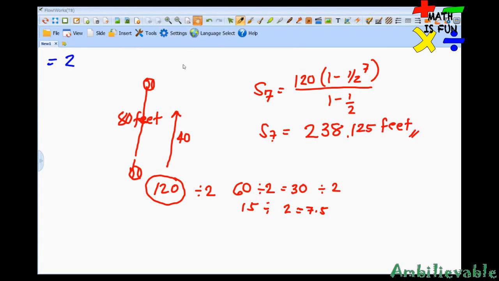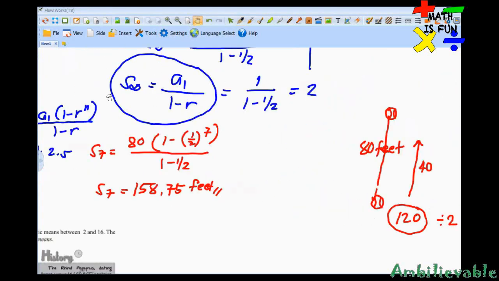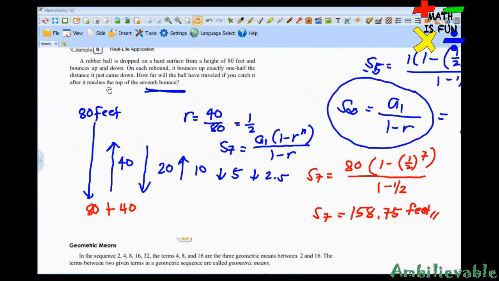But if you try to check and understand the problem: a rubber ball is dropped on a hard surface from a height of 80 feet and bounces up and down. On each rebound, it bounces up exactly one half of the distance it just came down.